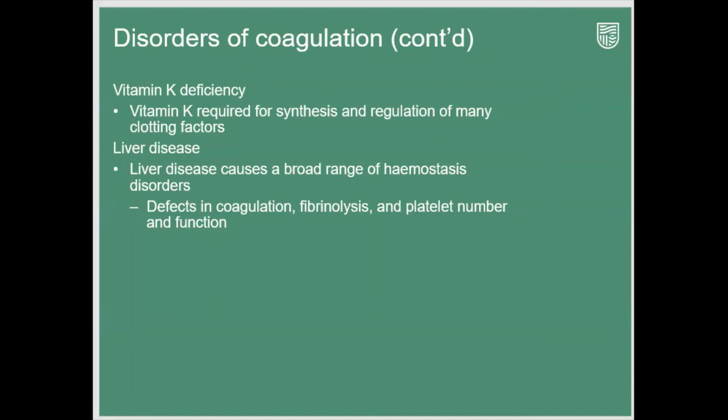And so in liver disease, the clotting factors are reduced and bleeding can result. Of the coagulation factors made in the liver, factors 2, 7, 9, and 10, and prothrombin require the presence of vitamin K for normal activity.